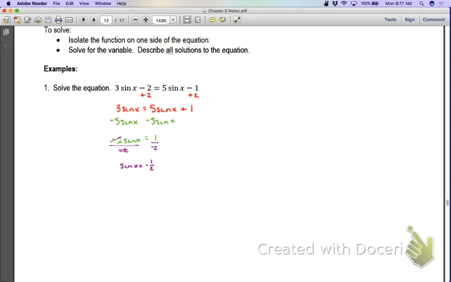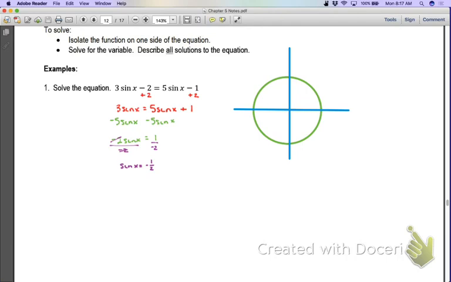So then, if we want to know when is sine of x equal to negative 1/2, you can do this a couple different ways. The way that's probably going to be a little bit easier for you is to go back to your unit circle and ask, when is it negative 1/2?